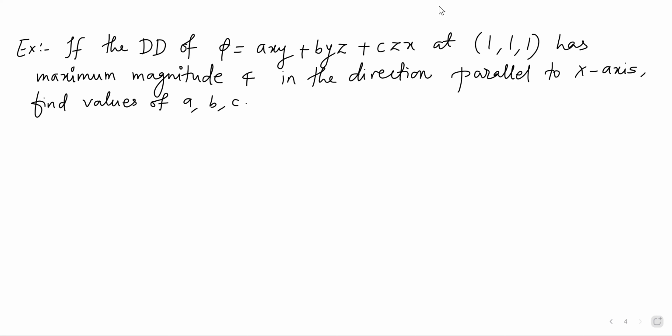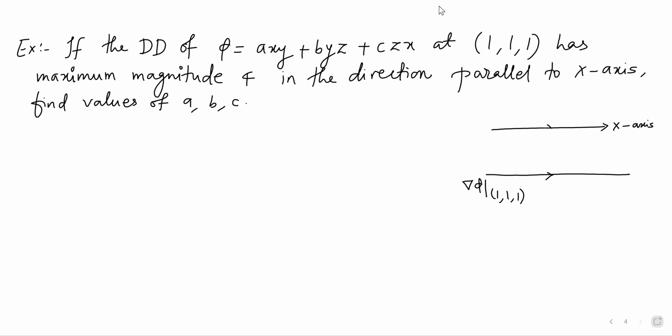Suppose this is your x-axis, and here this is our line. So this is your del phi at the point 1 1 1. Now these two lines are parallel. How do you write this? It is something like k times something, correct?